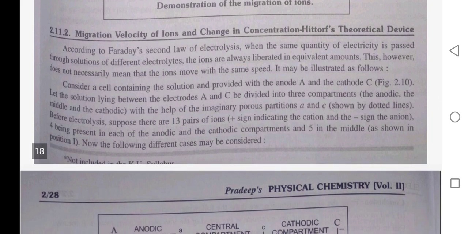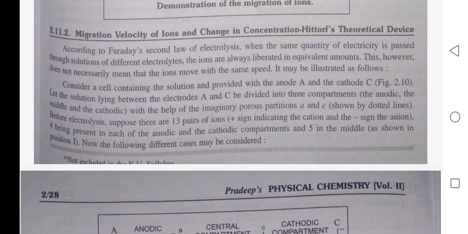Migration velocity of ions and change in concentration around the electrodes. According to Faraday's second law of electrolysis, when the same quantity of electricity is passed through solutions of different electrolytes, the ions are always liberated in equivalent amounts. This, however, does not necessarily mean that the ions move with the same speed.